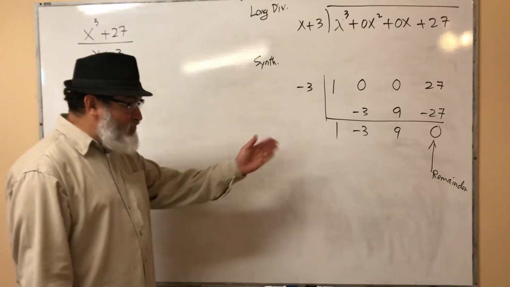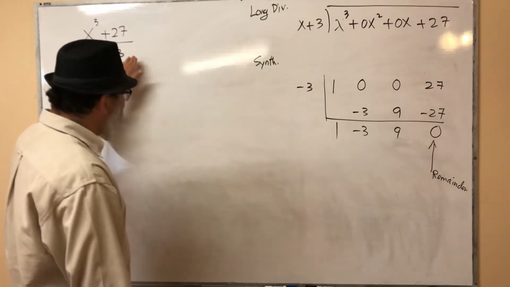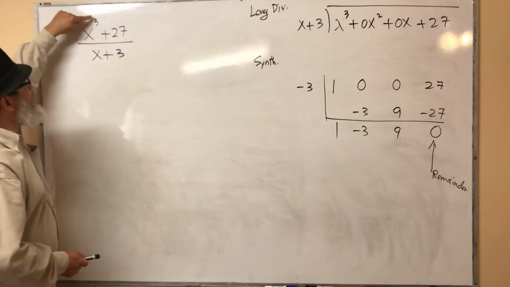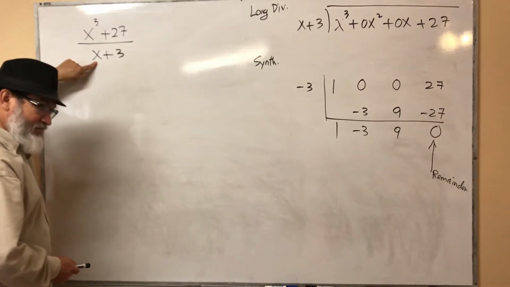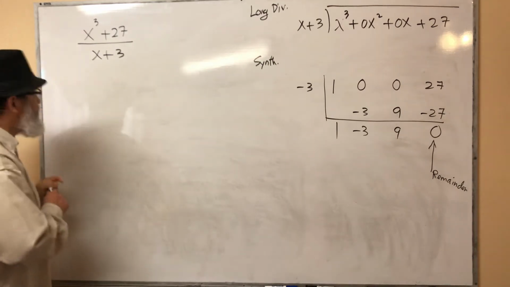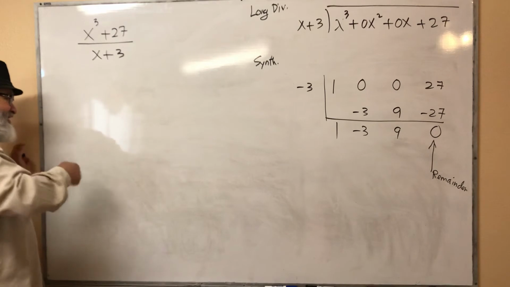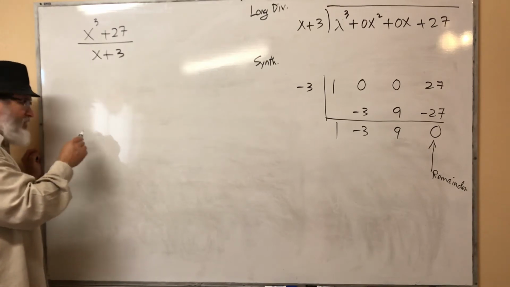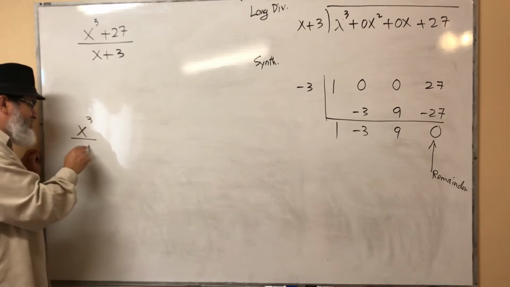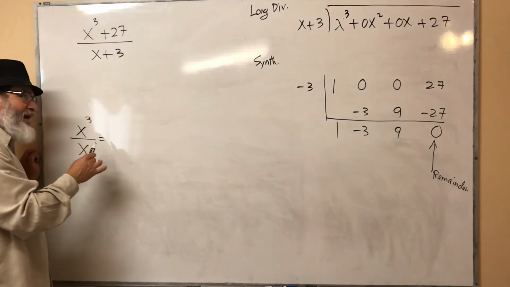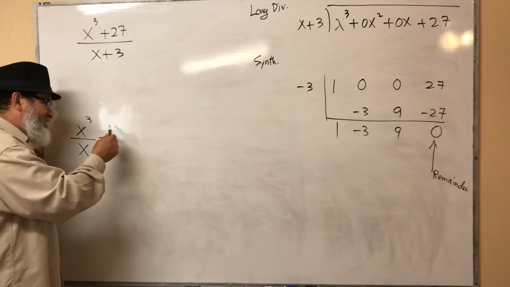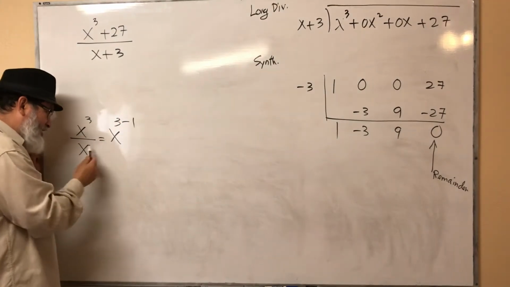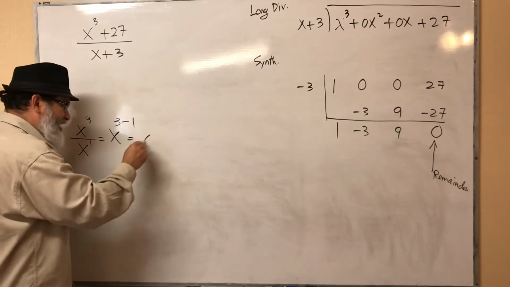And what's the answer to this? Look, you're dividing x cubed by x. You take the degree. X cubed divided by x, by the quotient rule, that's x to the 3 minus 1. There's a 1 there. And you get x squared.